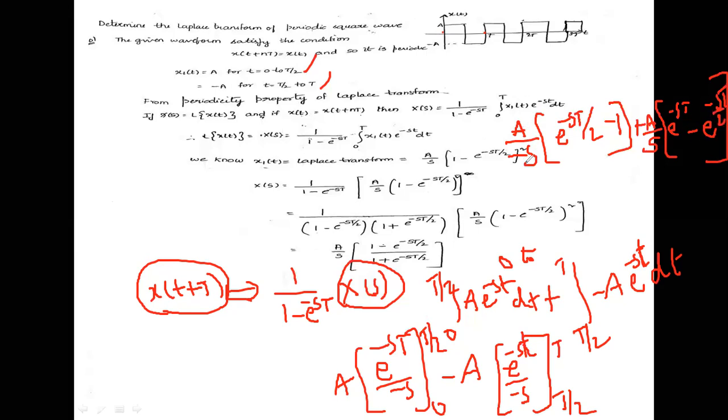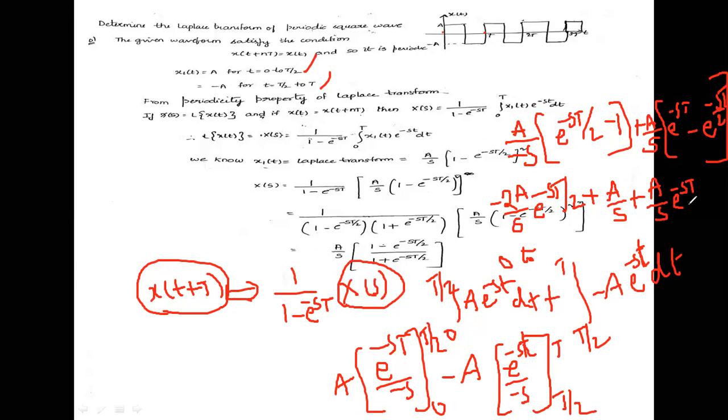So a by s minus e power minus st, and the a by s is also minus a by s e power minus st. Then minus 2 a by s into e power minus st by 2, my students. For these two functions, plus a by s plus a by s into e power minus st. Now it is in the form of a simple function.